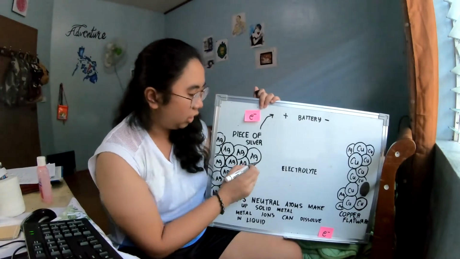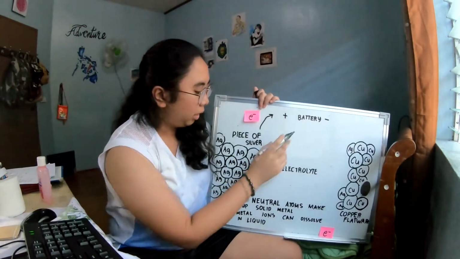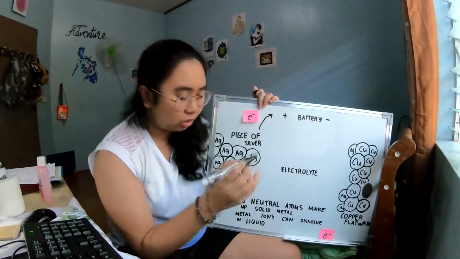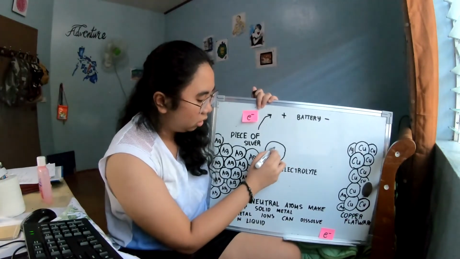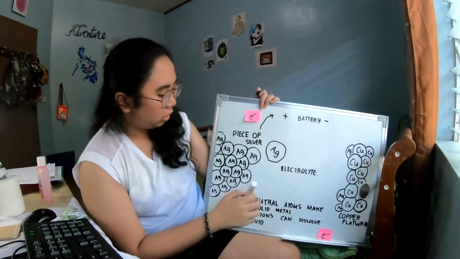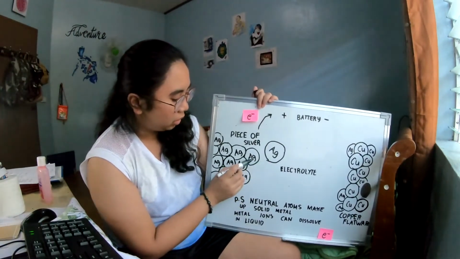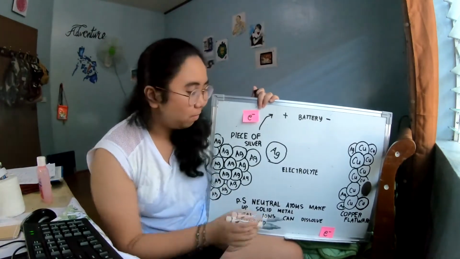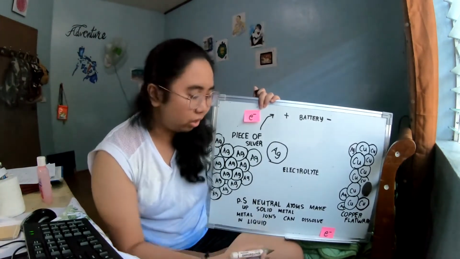For example, this Ag: one electron from this Ag is pulled by the battery. Let's zoom in on this Ag. This is solid because it's neutral. One electron from this Ag is pulled by the battery, so what happens is that it becomes positively charged.